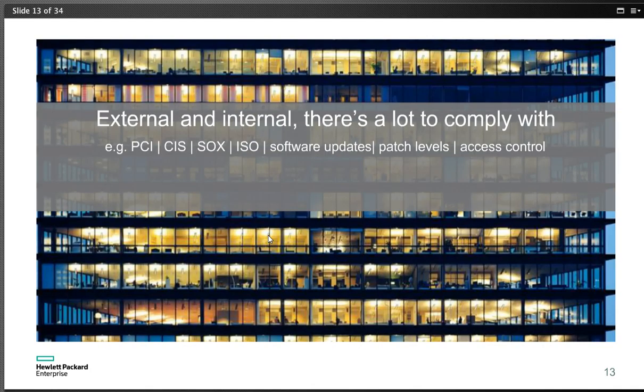In that world of many, there's also a lot to comply with, both externally and internally. When we talk about internal compliance, we're referring to those company policies that organizations have to adhere to, such as software updates and patch levels and access control and authentication. And there's also external compliance, the regulatory, industry, and governmental benchmarks that are designed to protect privacy and data, like CIS, like PCI, like SOX.